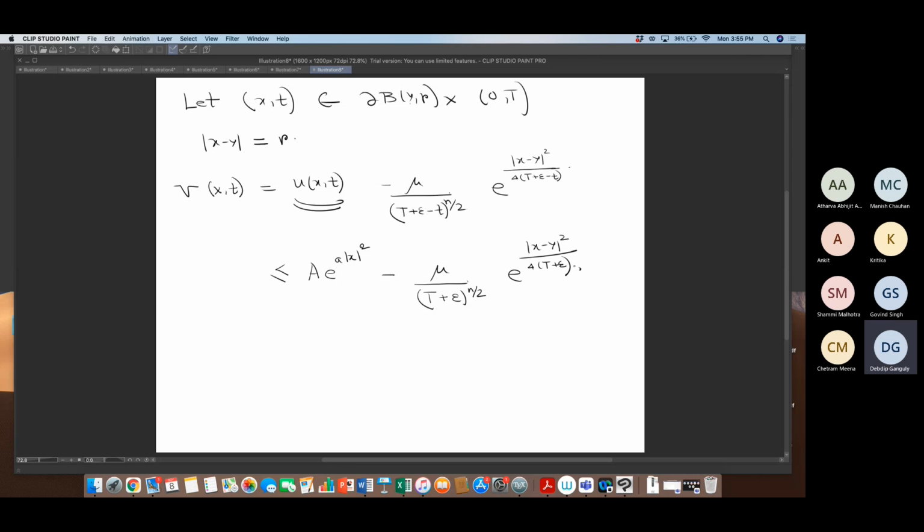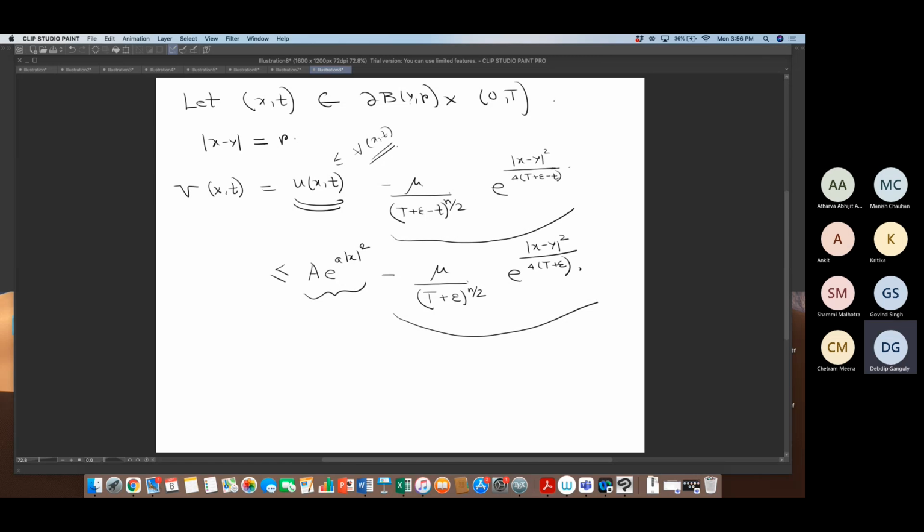Is it less than this? Yes or no? For u(x, t), I have used the hypothesis that u(x, t) is less than this, because it is given that u is less than this for all (x, t). Why is minus of this quantity less than minus of that quantity? Who will tell me?